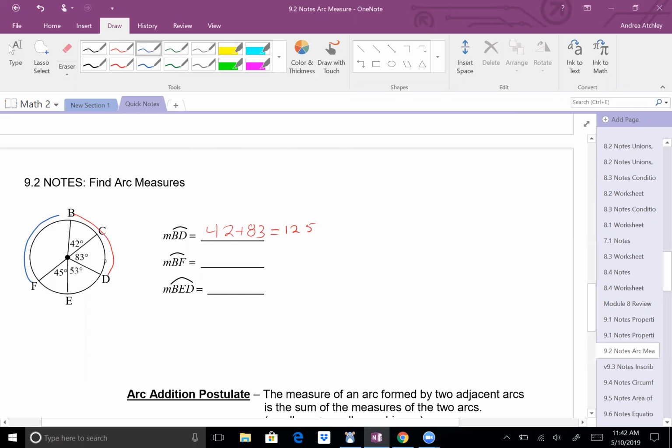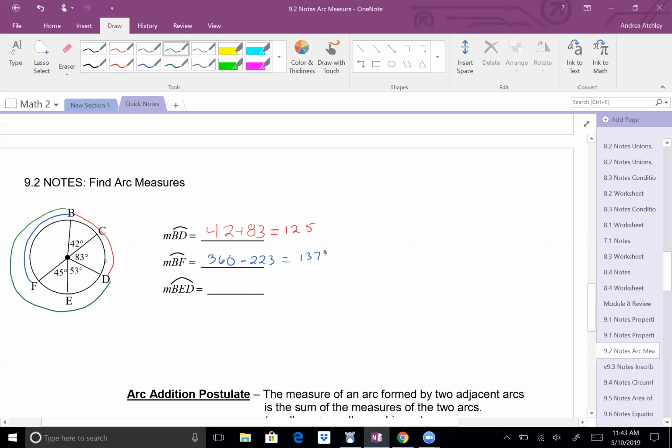BF should have been 360 minus all of this other stuff, which was 223, so it's 137. Then BED, the E has to come first, so you have to go this direction.